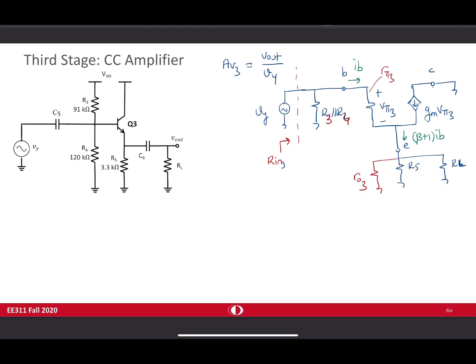So Vout is this node. So there is 2 times resistive division.